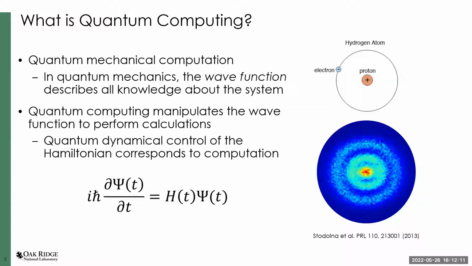The reason this is not quite as easy as it may seem on first pass is that quantum mechanics and this wave function are not intuitive concepts. To give you an example over on the right, if I think of the hydrogen atom, honestly, I normally think of a little proton sun being orbited by a little electron planet, but that's absolutely not what's happening in nature.